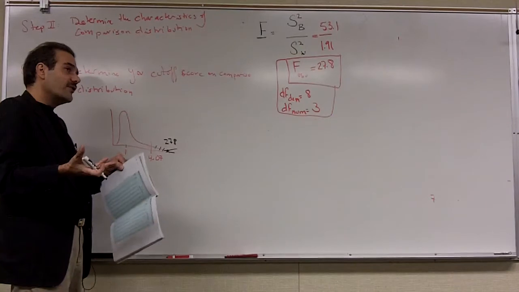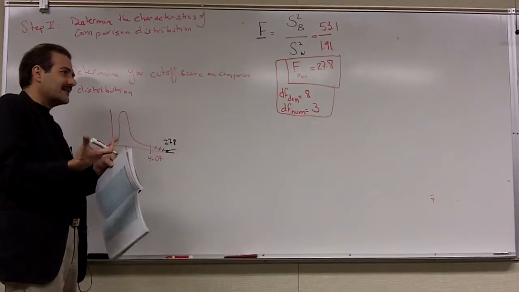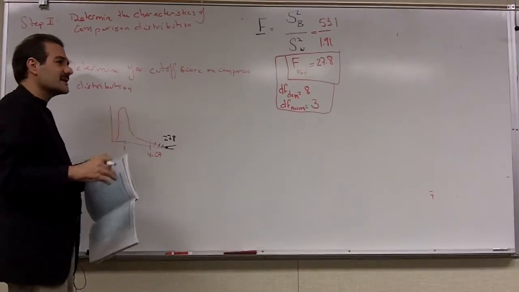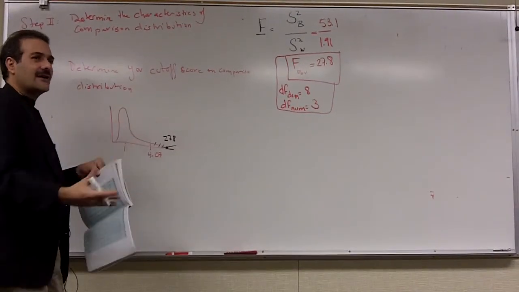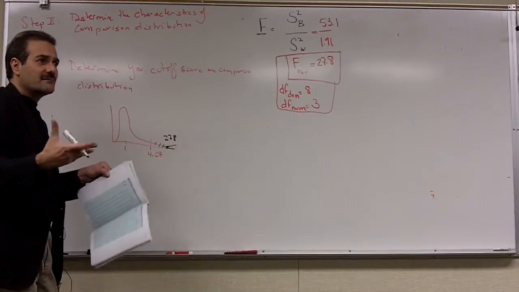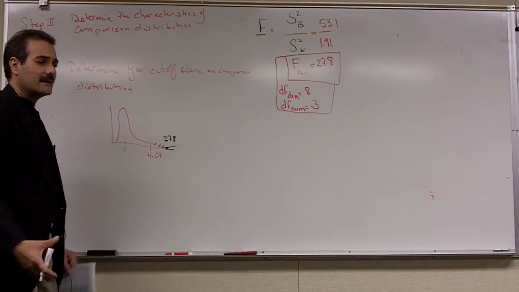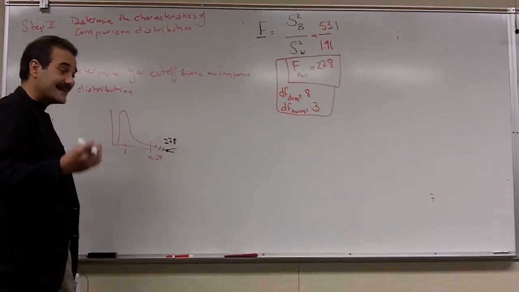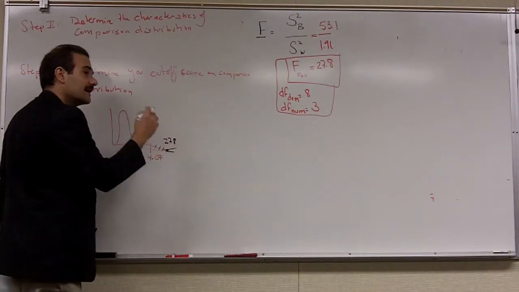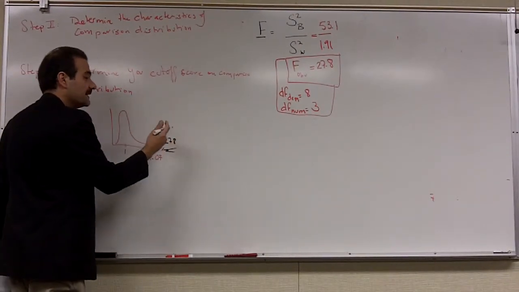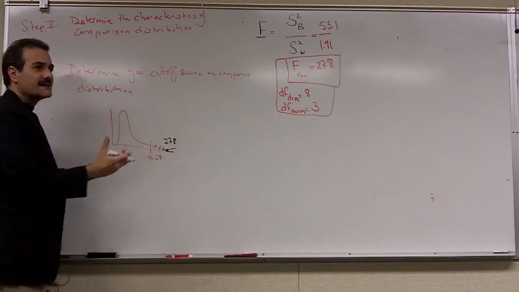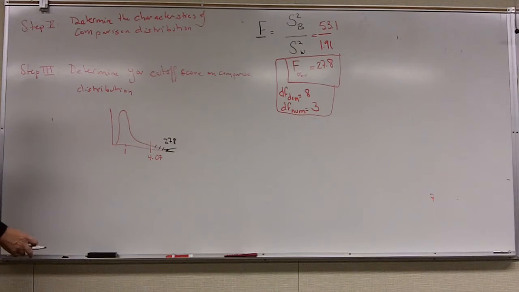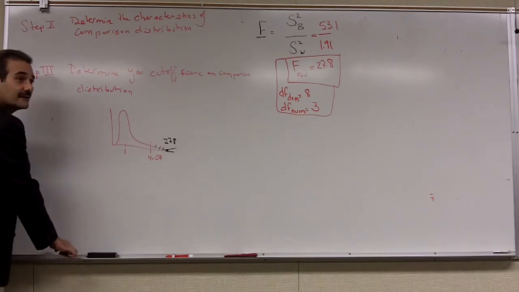But since you don't know that, you have to judge your value. Is this value big enough for me to say this is not the result of estimation and sampling error, but the result of systematic differences between these means? And this clearly is, because it's so much above 1 compared to the cutoff. So the answer is you can reject the null.